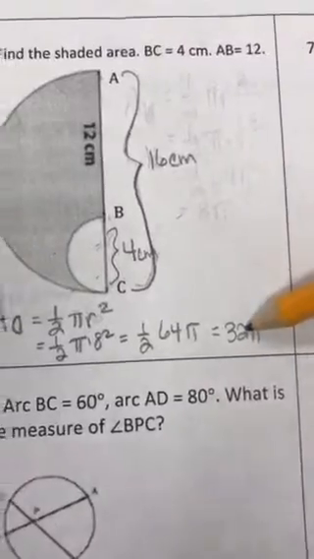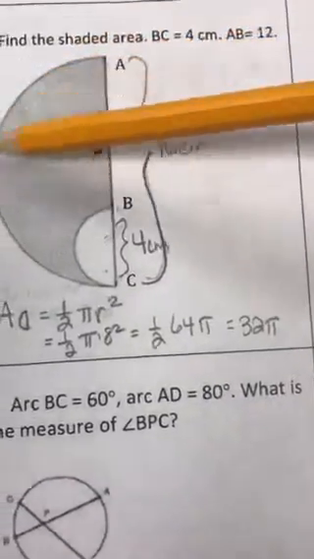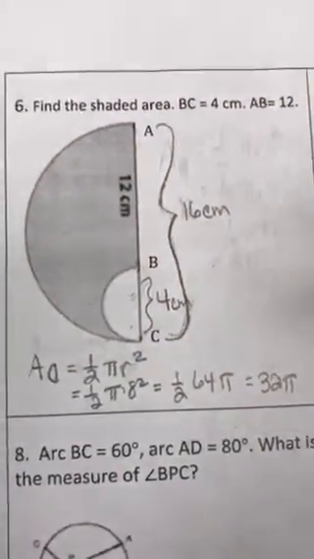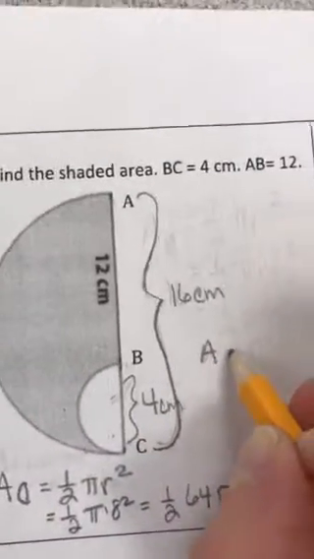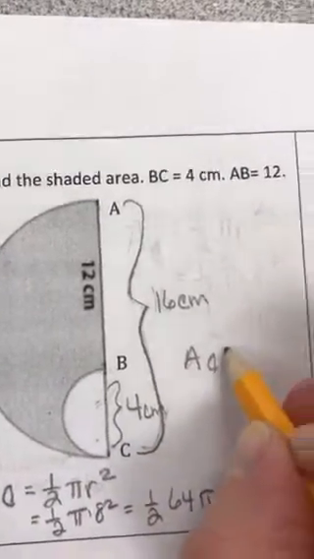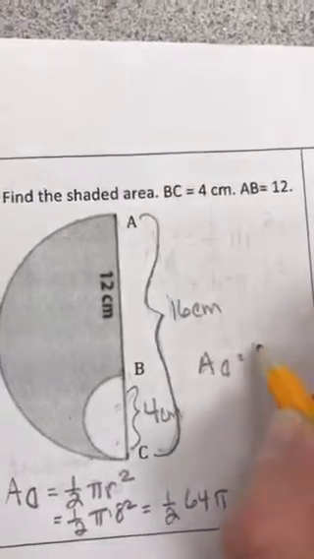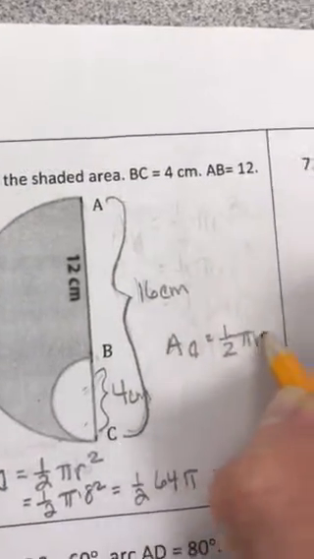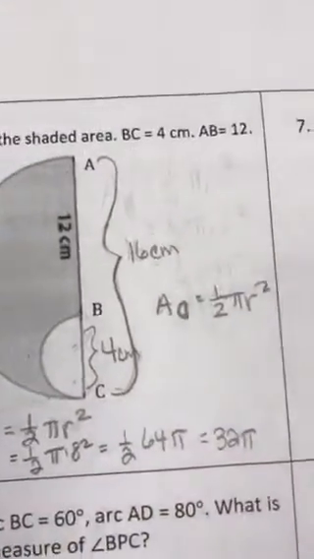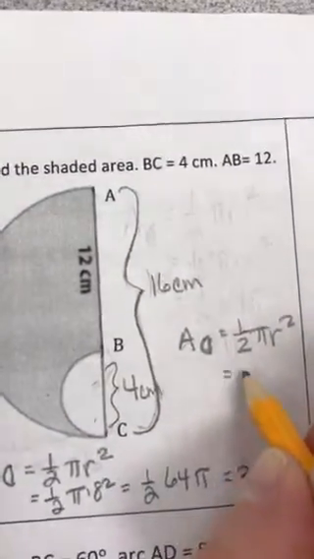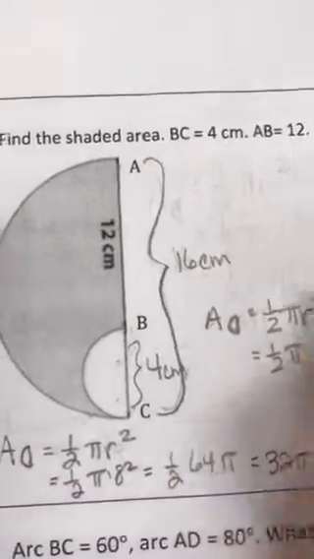All right, so we found the area of this semicircle. Now let's do the smaller one. All right, so the area of the small semicircle, same formula, is 1/2 pi r squared. So that equals 1/2 pi times the radius.